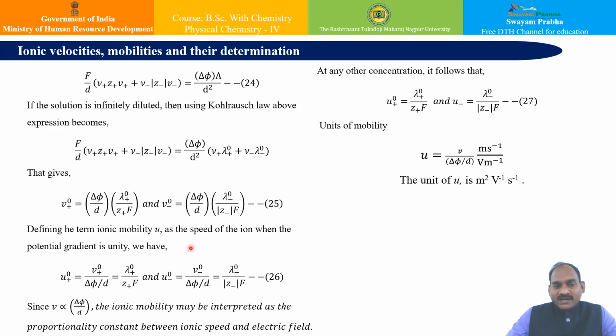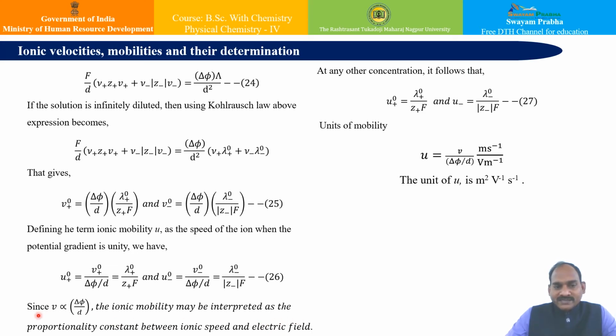So assume the potential gradient to be a unit quantity, and under this the ionic mobility U for cation will give me this expression: lambda plus at infinite dilution upon Z plus F, and lambda minus at infinite dilution upon mod of Z minus into F. Now since my velocity is proportional to delta phi upon d, the ionic mobility may be interpreted as the proportionality constant between the ionic speed and electric field.